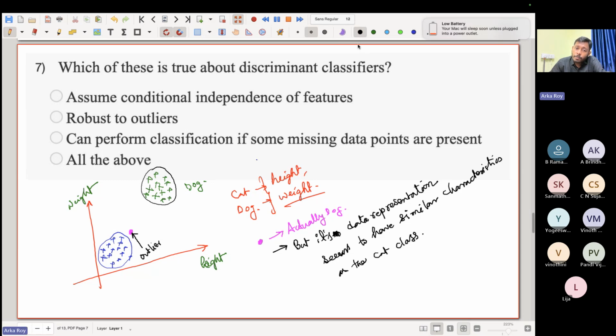So for this particular case, let's say you have trained a linear discriminant function. To do a classification using a linear discriminant function, let's say you plotted this particular line to be the discriminant function, that is g of x.